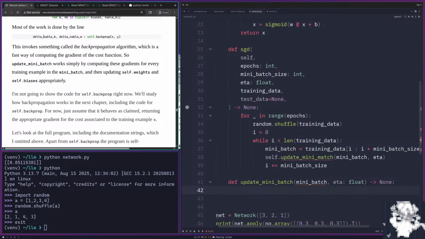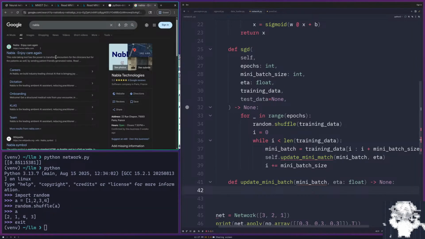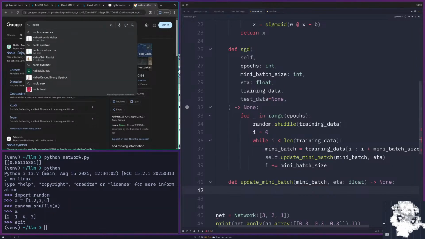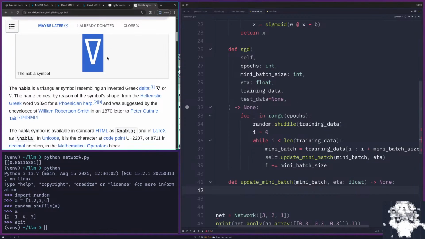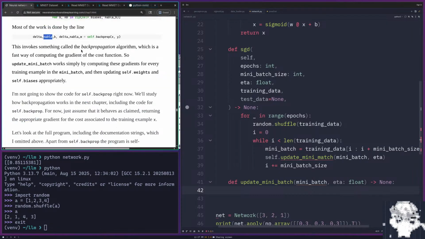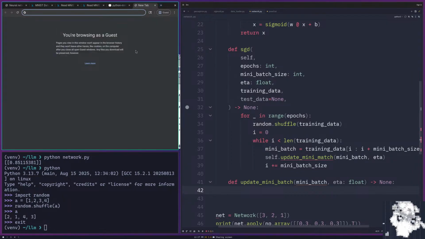Is nabla what I was calling del? Nabla symbol. It is. So this is the gradient of B. No, delta nabla B, delta nabla W. Wait, delta.